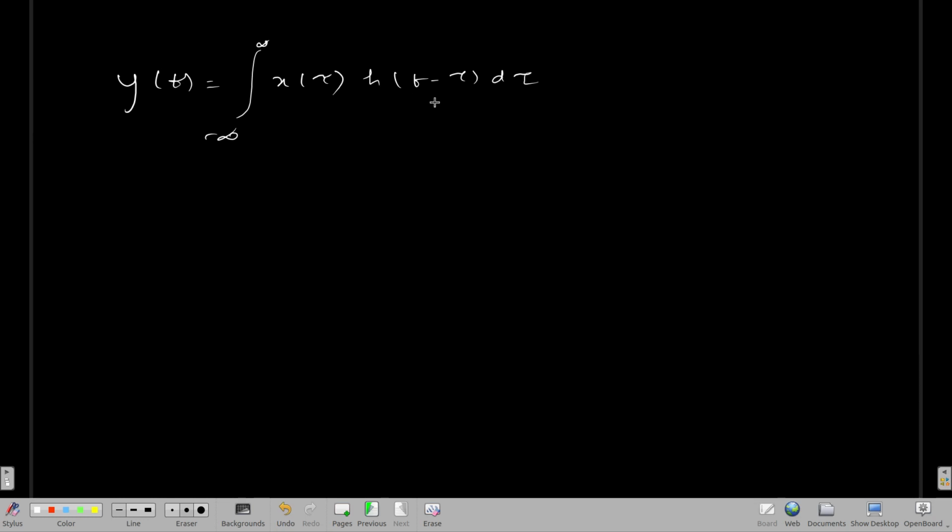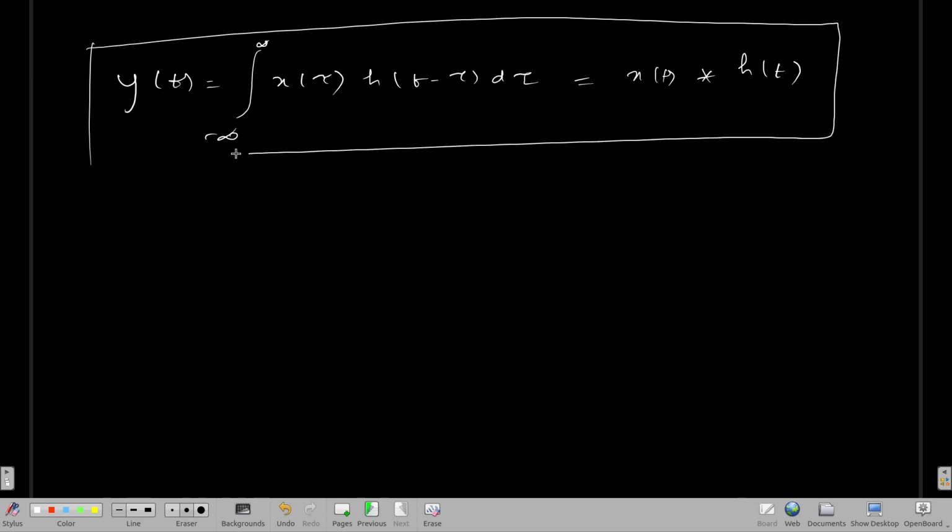Okay, and this is represented as x convolution h. This whole operation is denoted using a star.